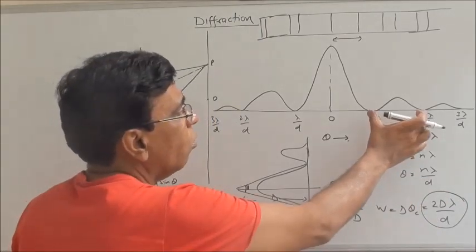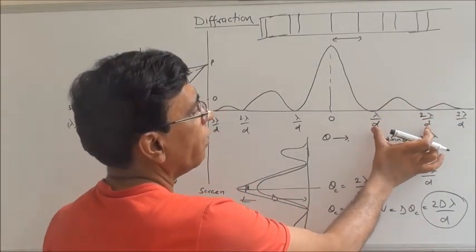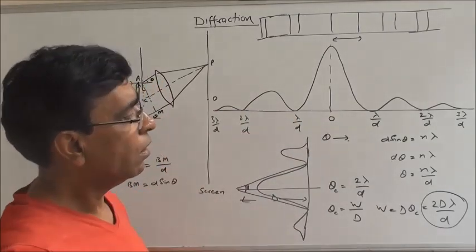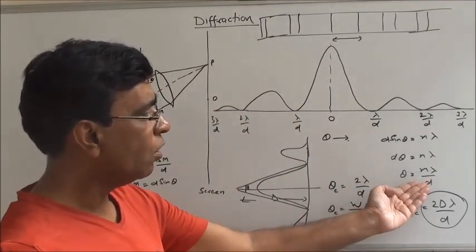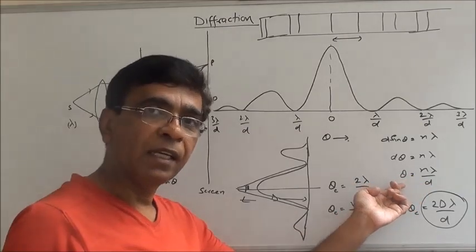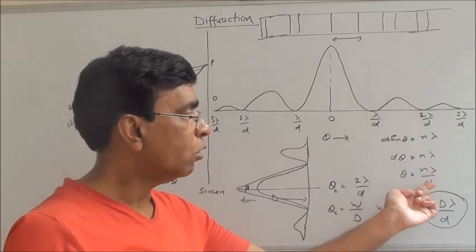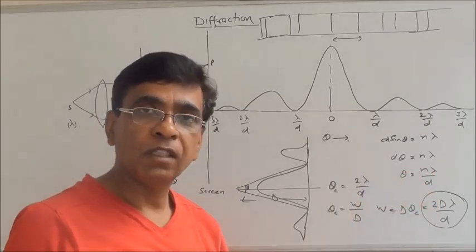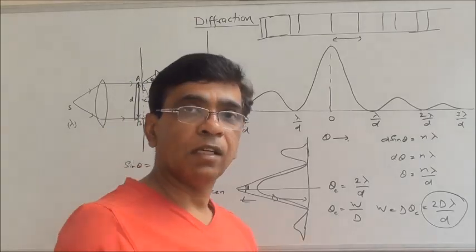And we see that all these, if I find out the difference of these, then for secondary maxima, you can find out second 2 lambda by d, third 3 lambda by d. What is the difference between them? Just lambda by d.